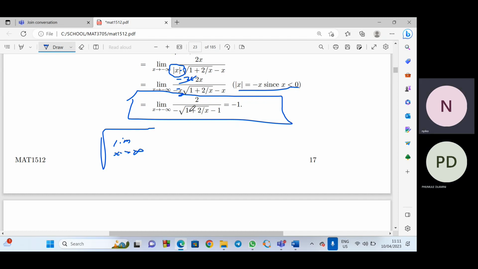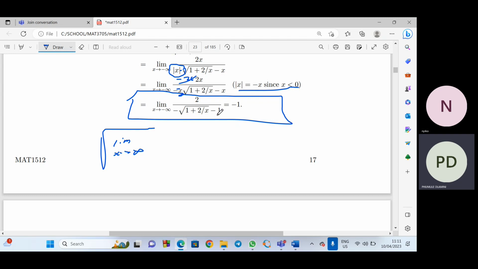So the answer is going to be negative 1 minus 1, which is going to be minus 2, which is fine. 2 over minus 2 is going to be minus 1. This one is right. The matter is the step here, introducing the absolute value. That's when something is going wrong.